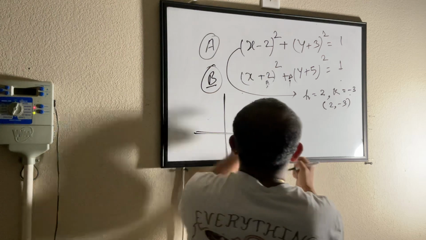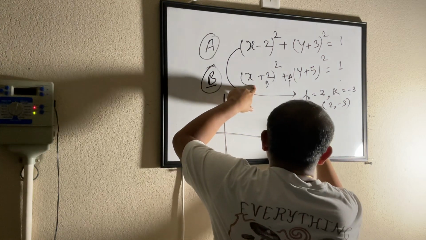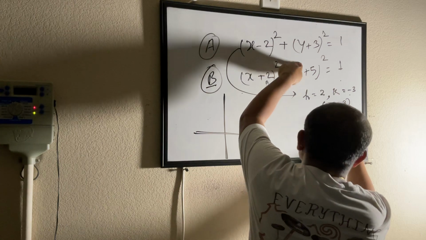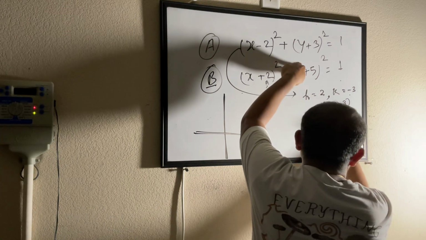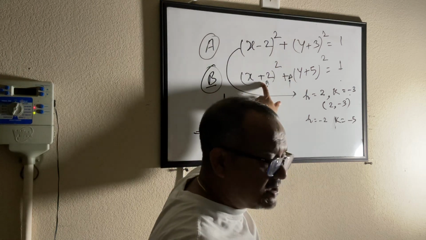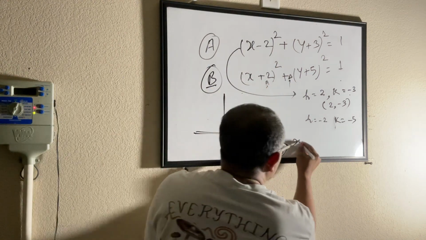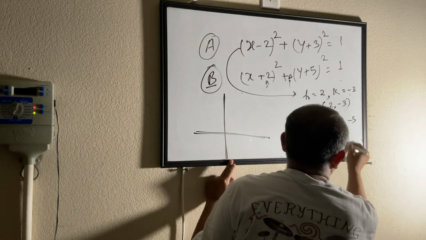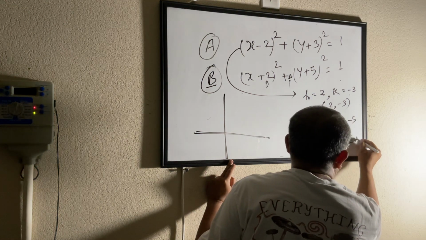Similarly for the second one, h is minus 2 and k is minus 5. That is how this is becoming plus, because my equation is always (x minus h) squared plus (y minus k) squared equals r squared.